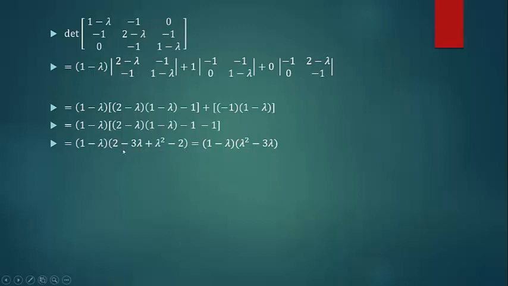Now notice I have a 2 and a minus 2, and those will cancel. This gives me (1 minus lambda) times (lambda squared minus 3 lambda). But then notice I have a factor of lambda in each term, so I can factor a lambda out. And this gives me the expression right here, (1 minus lambda) times lambda times (lambda minus 3).